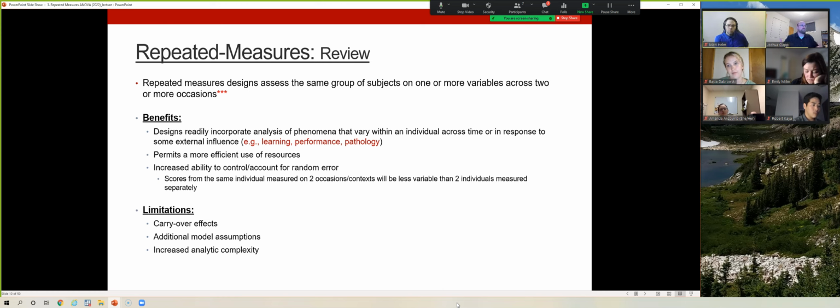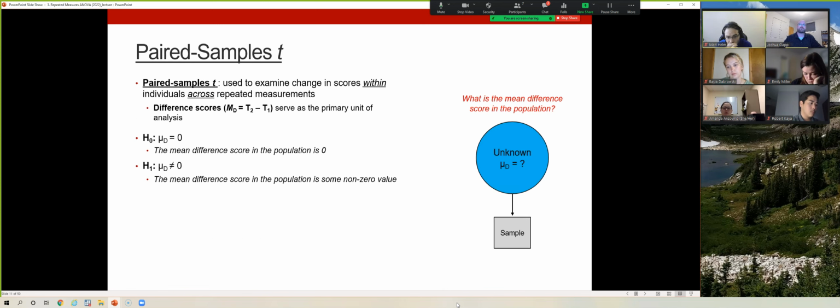The repeated measures design becomes problematic if people can't unlearn what they just did. If you have carryover effects, it kind of takes this out of the mix. We also have some additional model assumptions and increased complexity with these designs. So these are drawbacks, but as long as you're comfortable with that and have found a situation where this can apply, these are going to be really advantageous designs to pull in where you can.